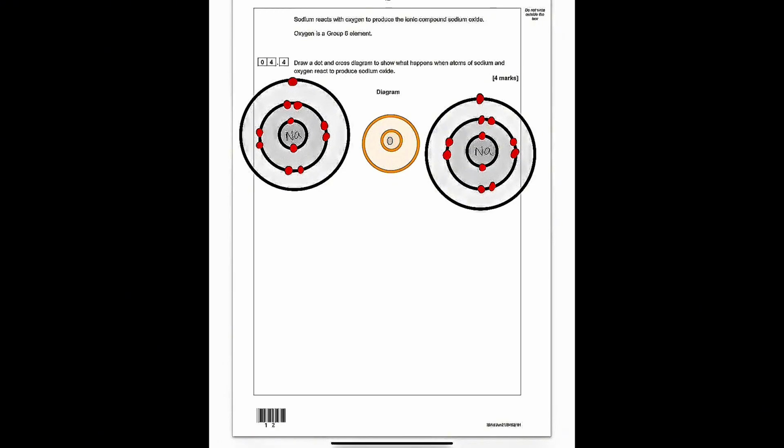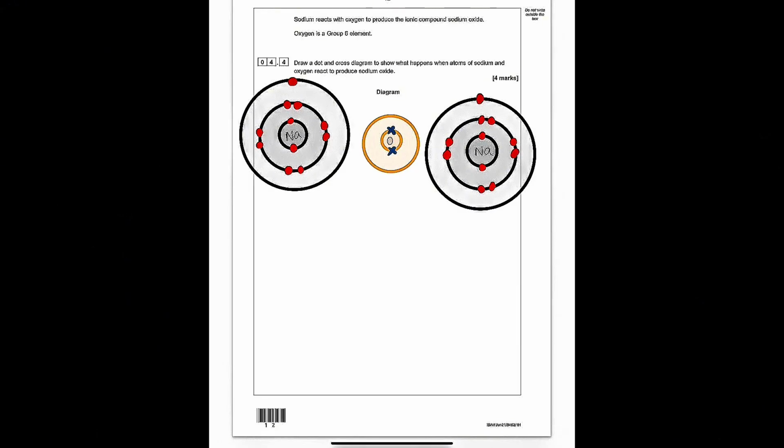Now oxygen is in group 6 of the periodic table, and oxygen has a total of 8 electrons. So in the first shell we know it can only have 2. So I'm going to draw crosses here just to distinguish between sodium and oxygen. So 1 cross there and 1 there. Now in the second shell we know we can have a maximum of 8, but we've already drawn 2 in the first shell.